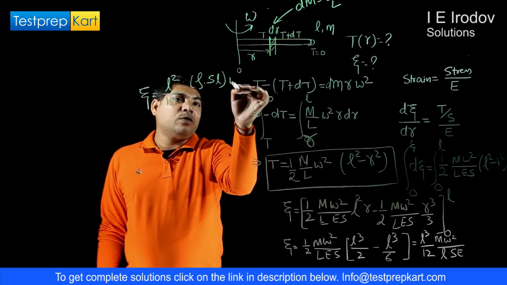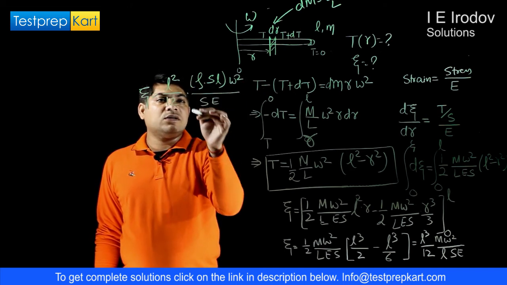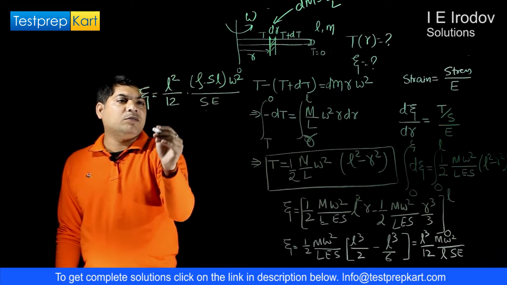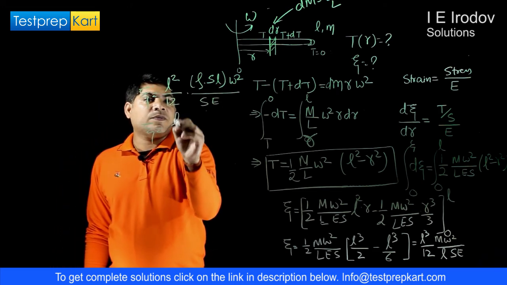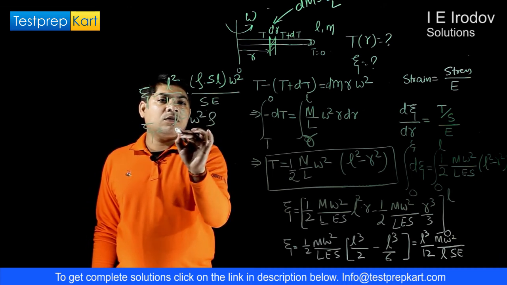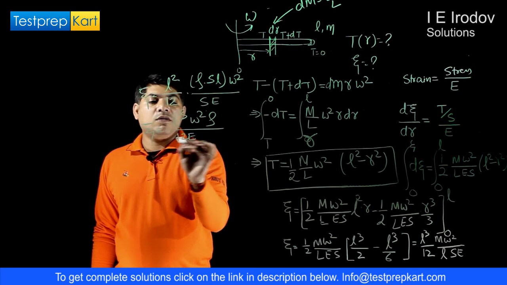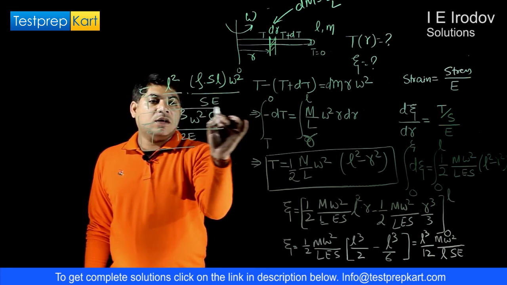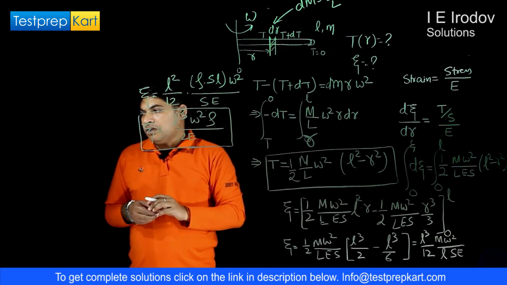And omega square upon S into E, so some terms will be eliminated from there. So this is zeta equal to L cube omega square rho upon E into 12. So we can write our answer in this form. So this is our final answer.